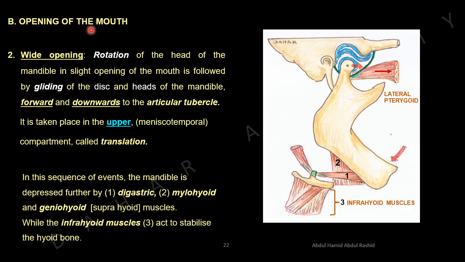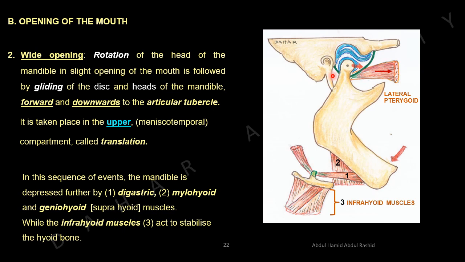Continuation or opening of the mouth. Let's see the diagram. This is the head of the mandible. This is fossa for the head, and this is articular tubercle. Let's talk the second one, wide opening of the mouth. Rotation of the head of the mandible in slight opening of the mouth is followed by gliding of the disc and heads of the mandible forward and downwards to the articular tubercle.